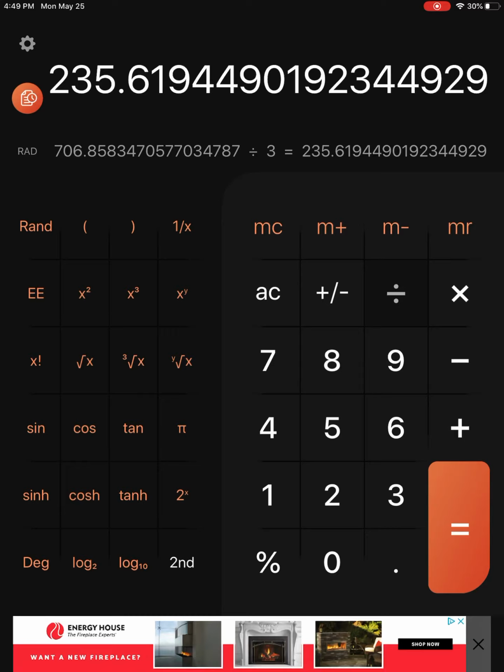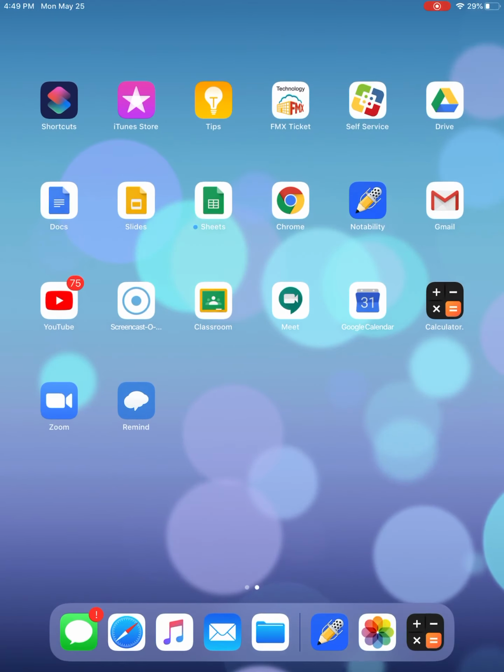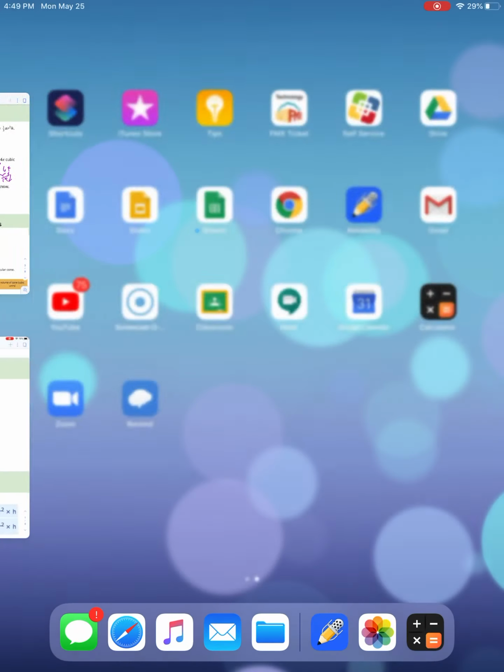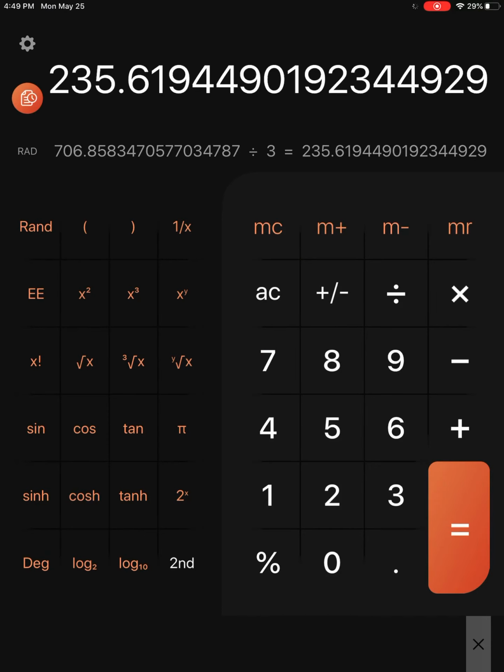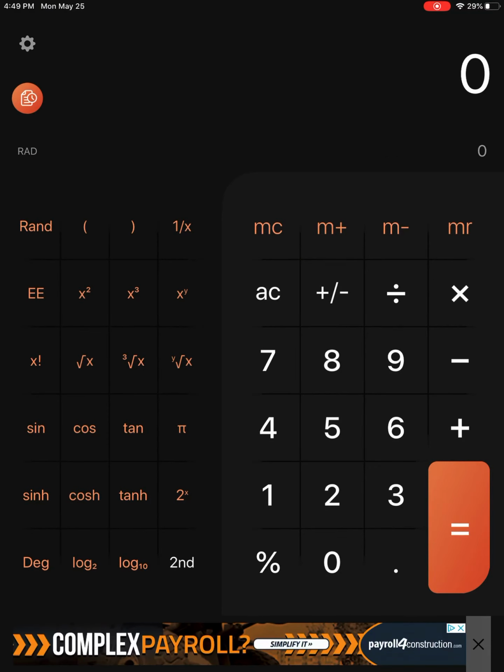Why can't I figure out this technology? Clear. Really? Okay, maybe if we close calculator and then go back to calculator. Oh my goodness. Okay, there we go.